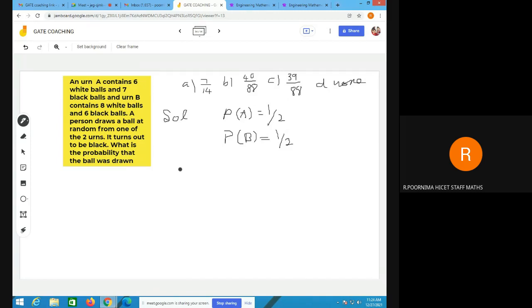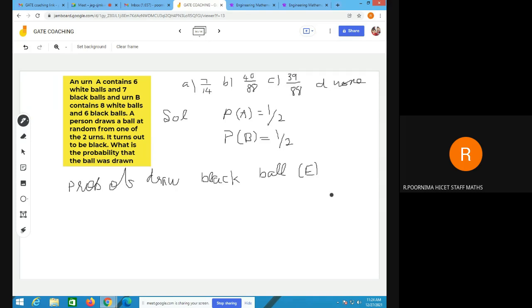So probability of drawing a black ball, we consider that as event E. Just consider this as event E.